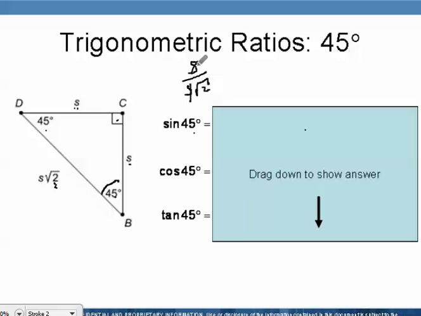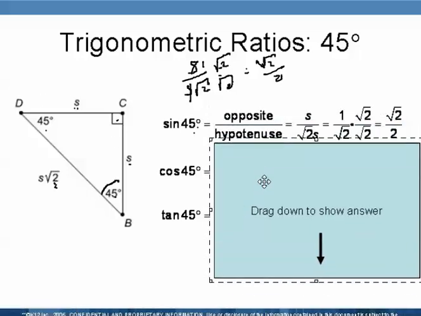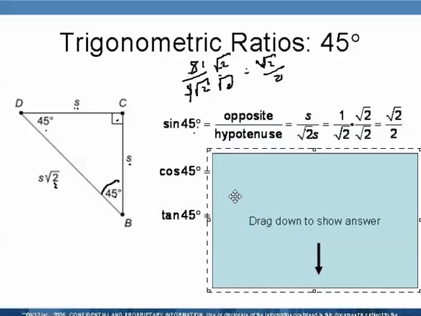Well, the s's are going to cancel out, and I'm going to have 1 over the square root of 2, which mathematicians hate. And so we actually just multiply this by the square root of 2 over the square root of 2. And what we wind up with is the square root of 2 over 2. And that's what we would get for the sine of the 45-degree angle. Square root of 2 over 2.